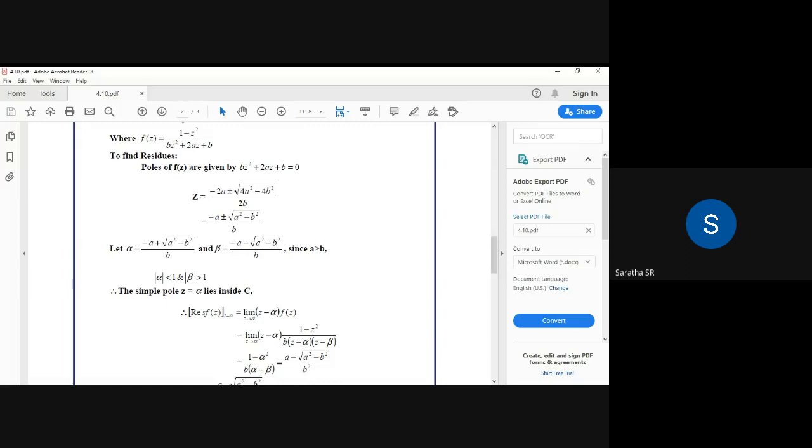So 25 minus 9 is 16, and the square root of 16 is 4. So minus 5 plus 4 is minus 1, divided by b, which is 3. So minus 1 by 3.